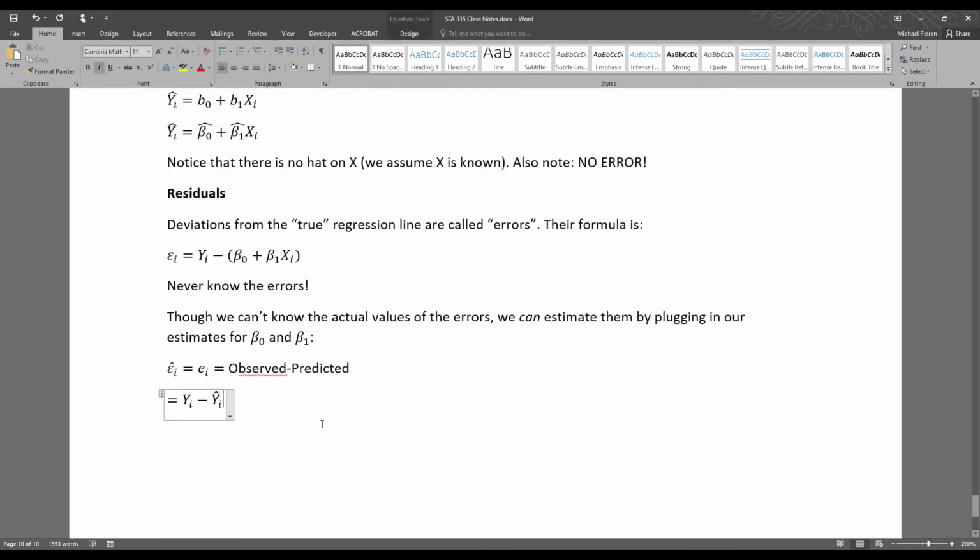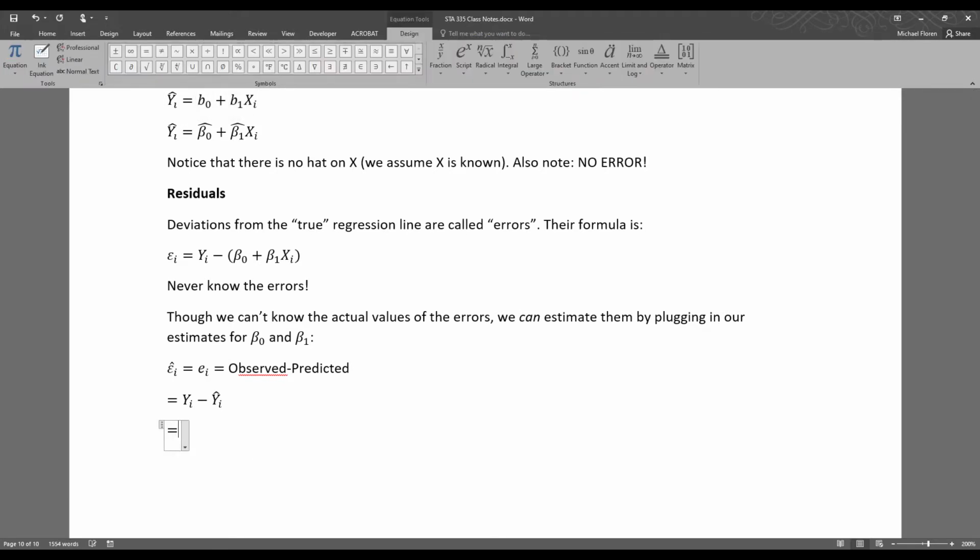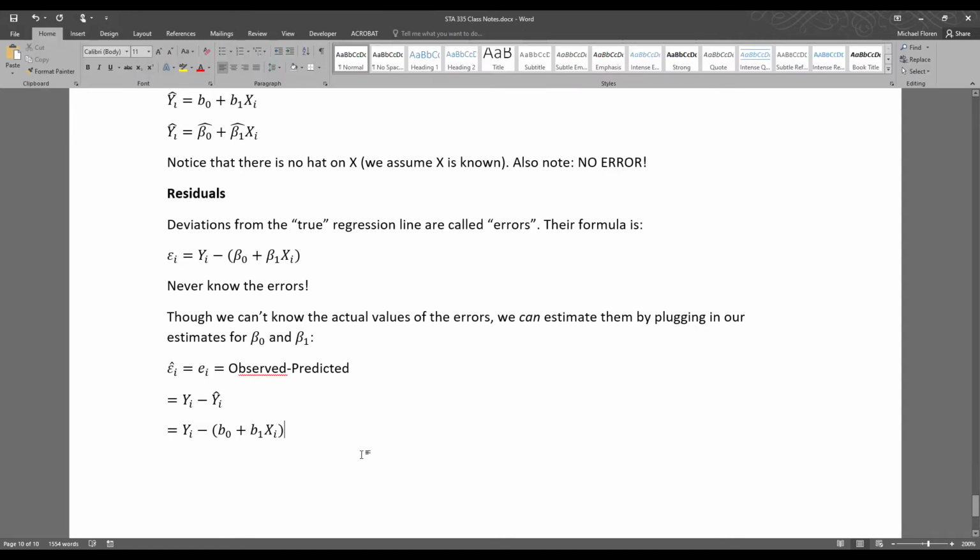And then one last thing that you can look at here is this y hat. Well, we had the equation up here. y hat sub i is just b0 plus b1 x. So we can also write the observed errors, or the best guess at the errors, as y minus, and we have to remember to put parentheses here, (b0 plus b1 x). And this is our best guess at the error terms.